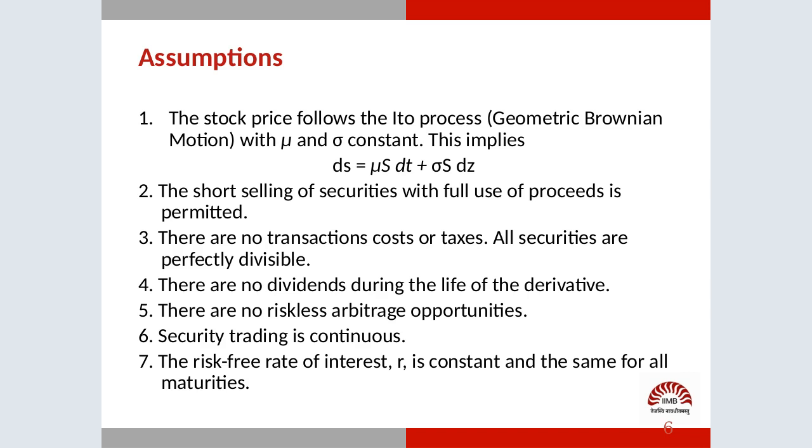These cannot be negative. So if sigma S is positive, then the only way this term can be negative is if you multiply it by the negative term, which is dz, because of the epsilon term. Not always, but occasionally. And that is what will cause the price to change direction.